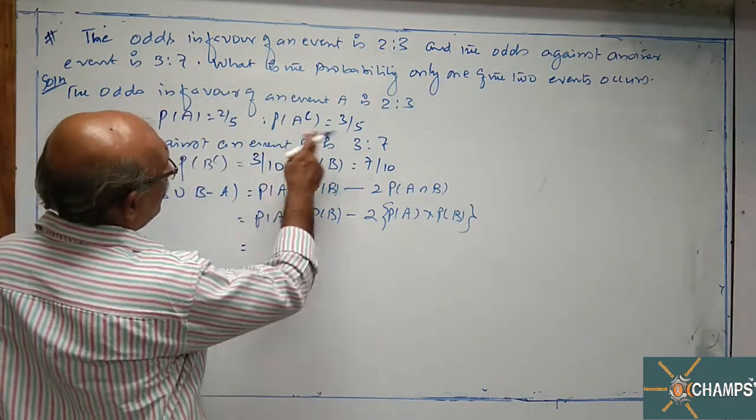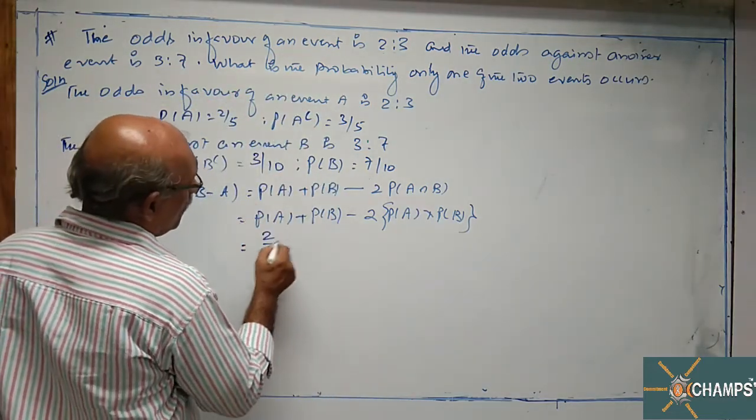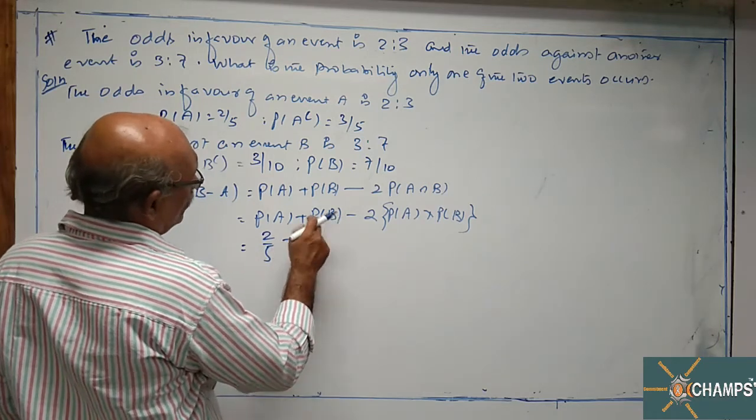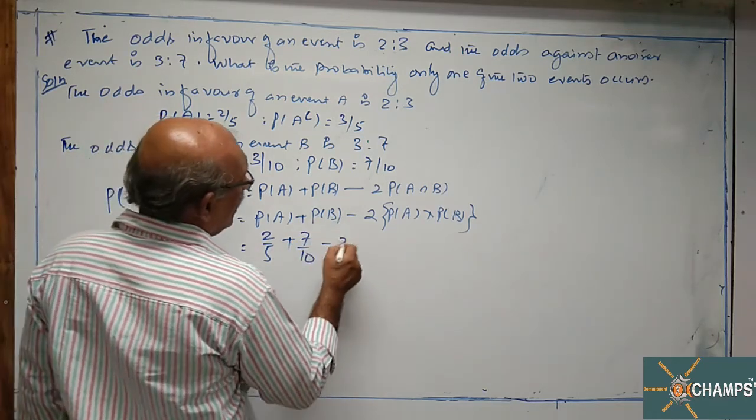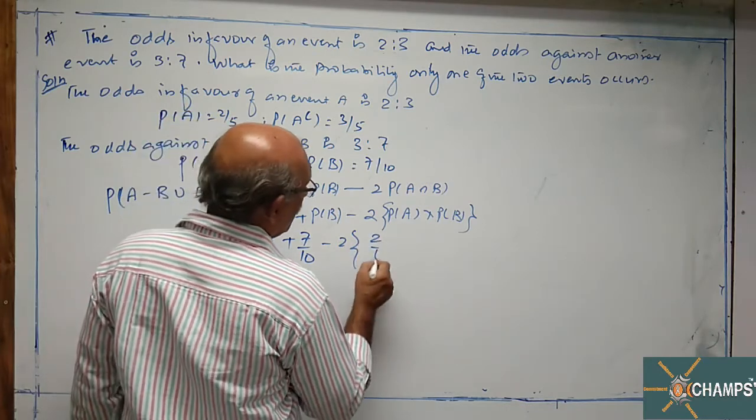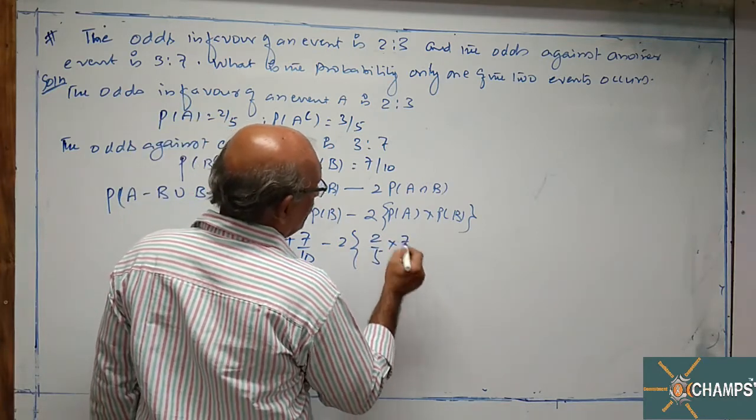P of A is equal to how much, beta? 2/5. P of B is equal to 7/10. So 2/5 plus 7/10 minus 2 times 2/5 into 7/10.